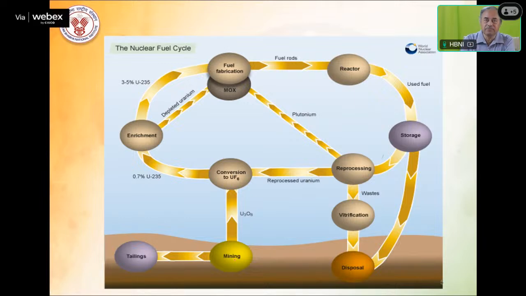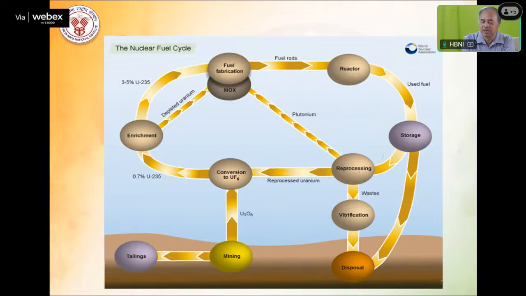So uranium is mined and then milling, it is taken as U3O8, then sent to conversion as UF6, taken for enrichment, then fuel fabrication, the utilization reactor, then storage.